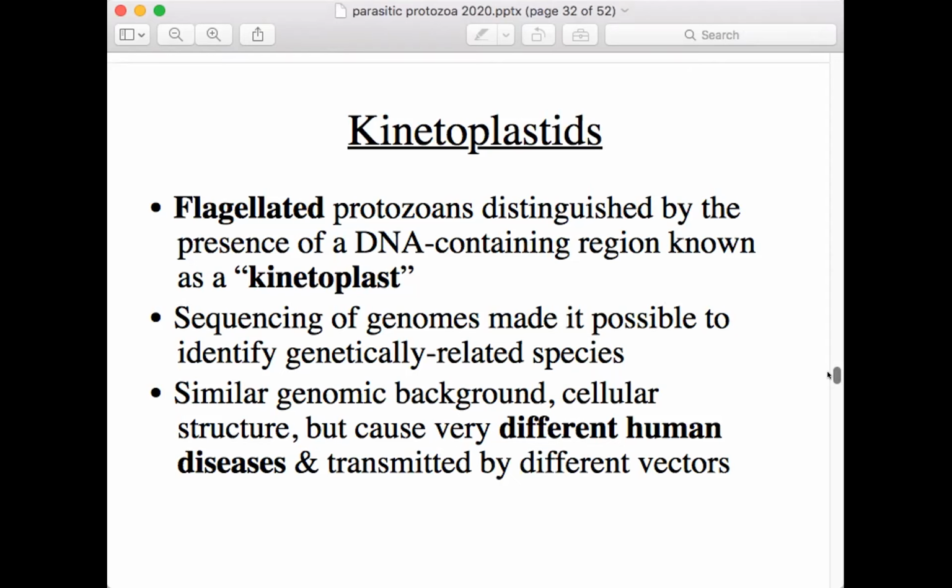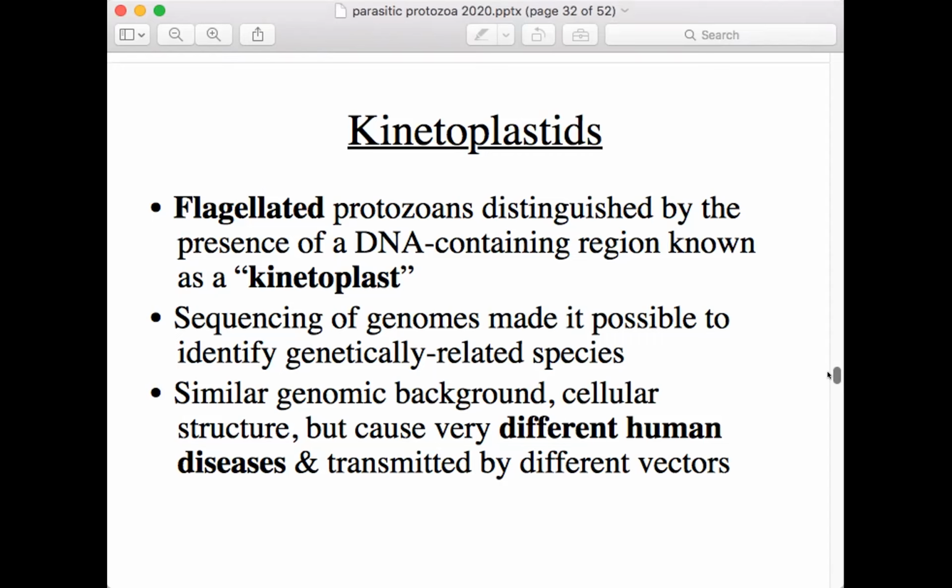Jot that term kinetoplast down in your notes. Kinetoplastids are flagellated protozoans that are distinguished by the presence of a DNA-containing region known as a kinetoplast. So it's just a big, large mass of DNA, all right?